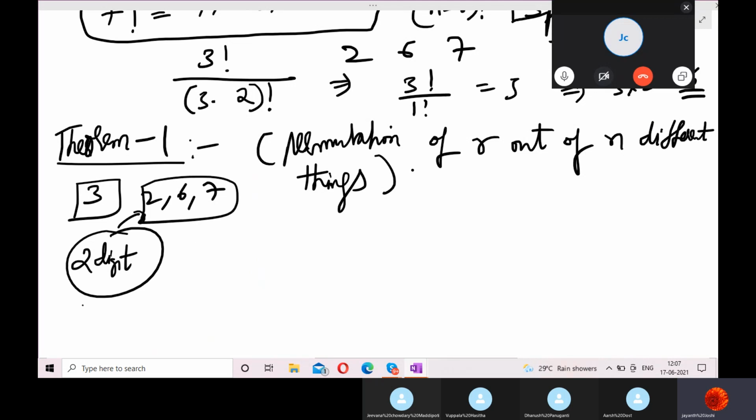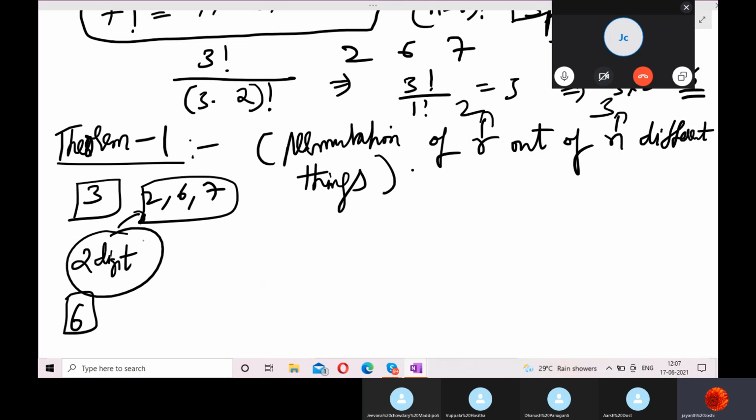So we arranged and we got 6 as the answer. 6 arrangements can be done. I am proving how you are doing that with the help of a theorem. So permutation of r out of n different things means arrangement of 2-digit numbers out of 3 numbers.